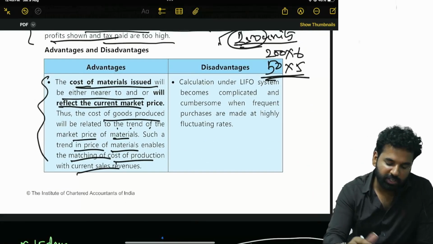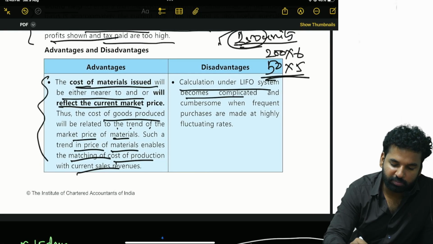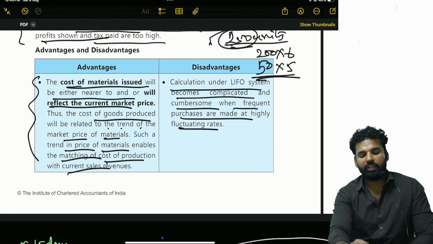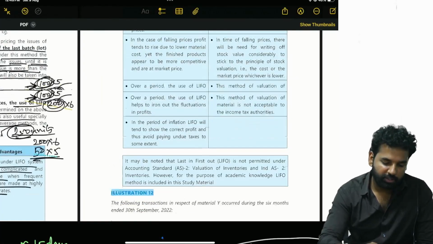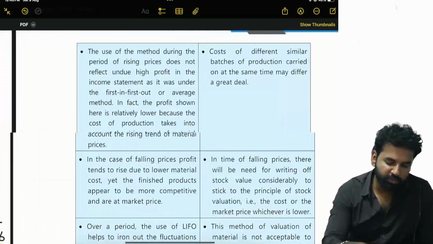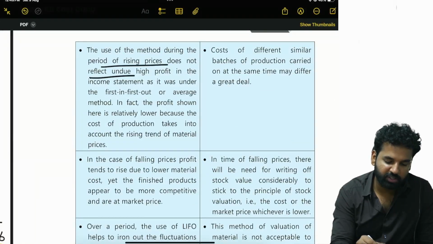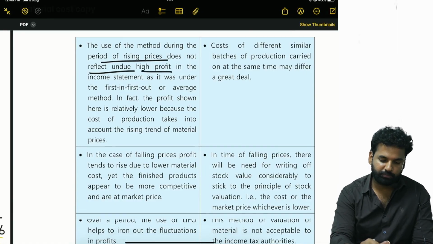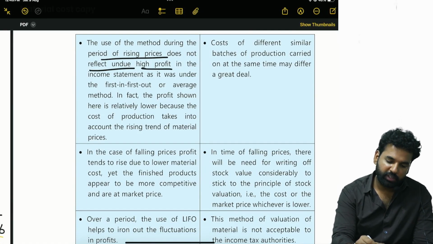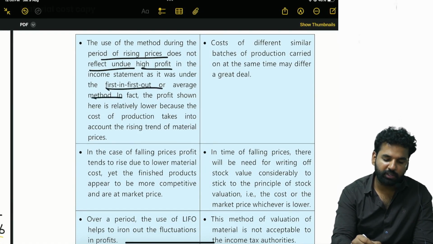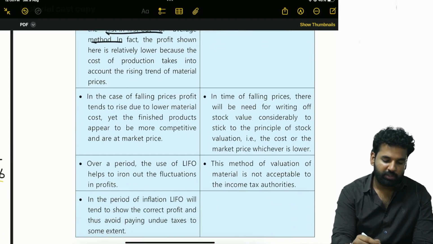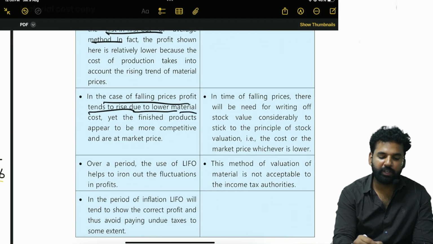Okay. So the disadvantage is that calculation under the LIFO system becomes complicated and cumbersome when frequent purchases are made at highly fluctuating rates. Next, use of the method during a period of rising prices does not reflect undue high profit. In case of first in first out or average method, it will show higher profits. In case of falling price, profit tends to rise due to lower material cost.